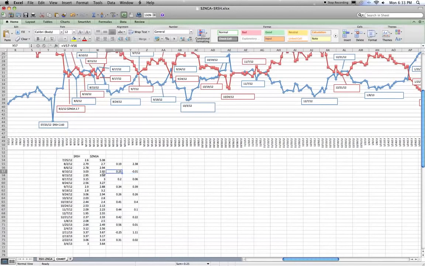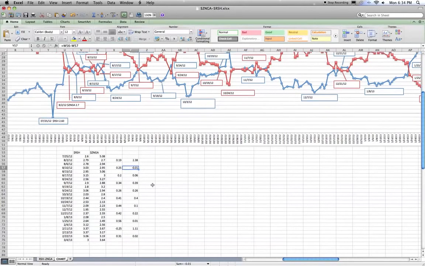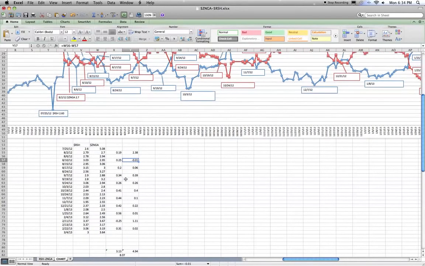We'll take a look at this example. You made 25 cents on one side, but then you lost a penny on the other one. So again, not too bad. You basically made 24 cents on this pair trade here. Another one was this one here.